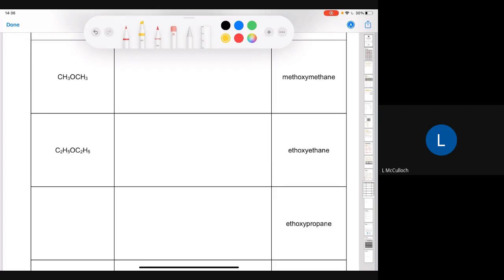Right, so let's have a wee look at the answers for the blanks in the table. So for the first one, we've got the most basic of all ethers, which is methoxymethane. So all we're going to do for this one is draw our CH3s on each side of our oxygen, like so. And that's our methoxymethane. The next one we've got is ethoxyethane.